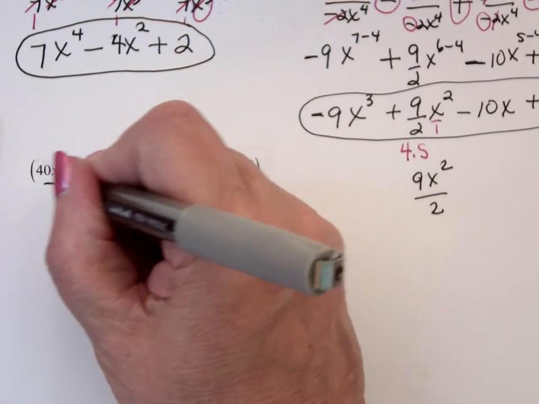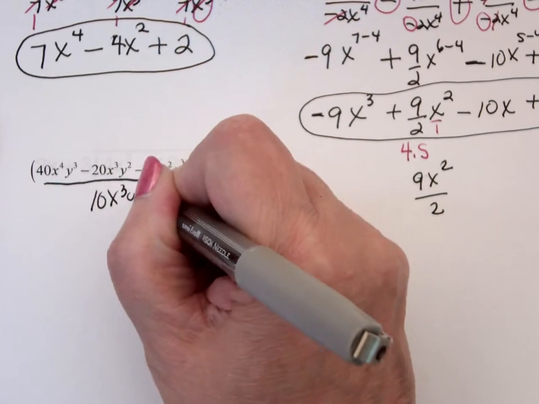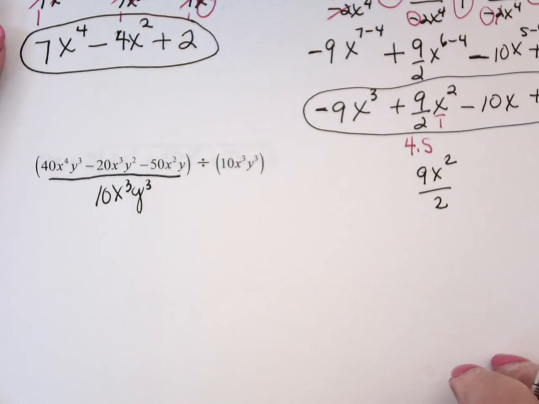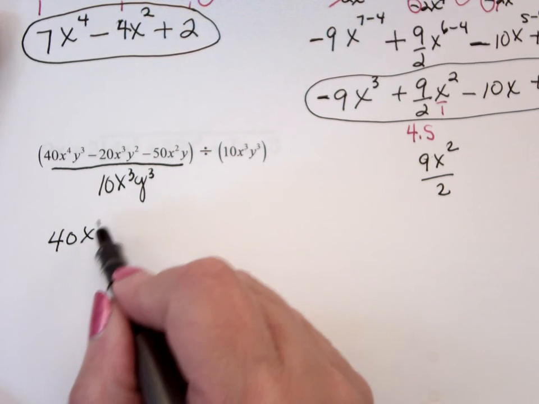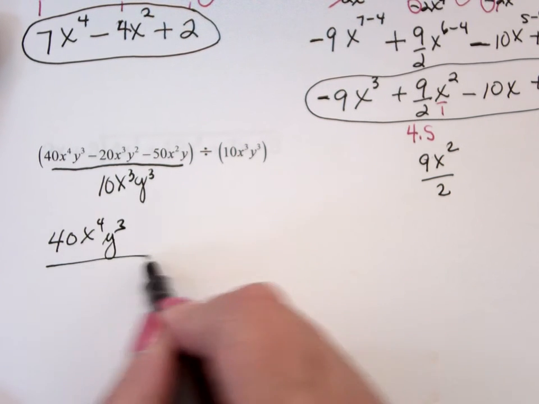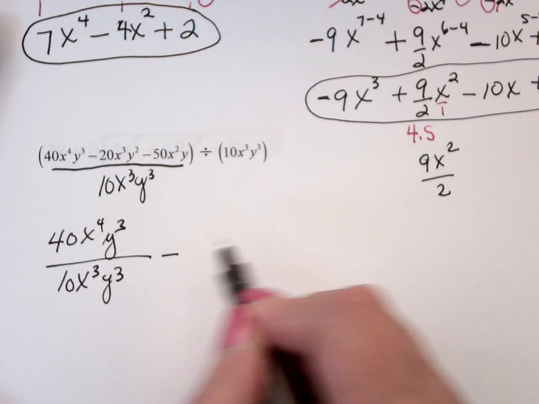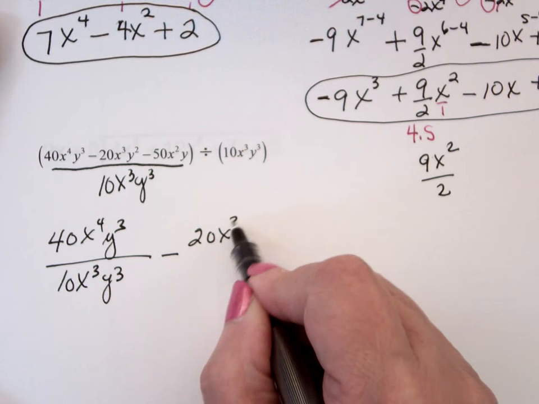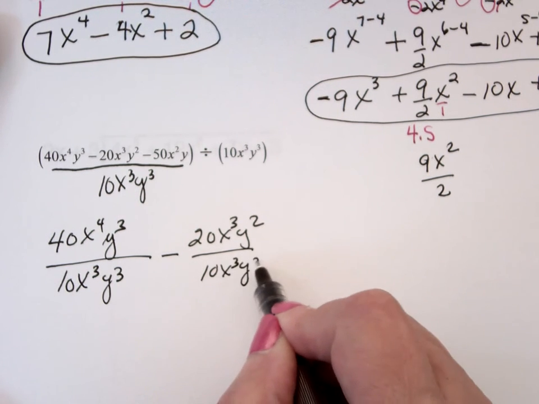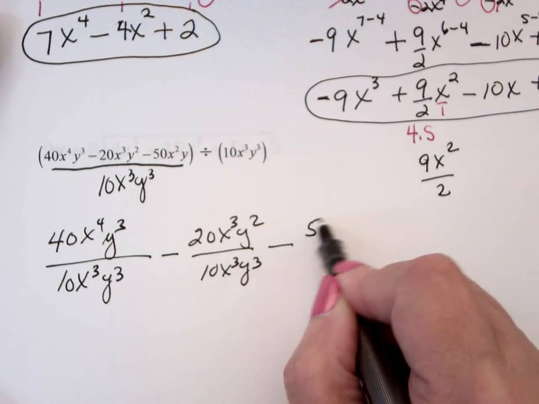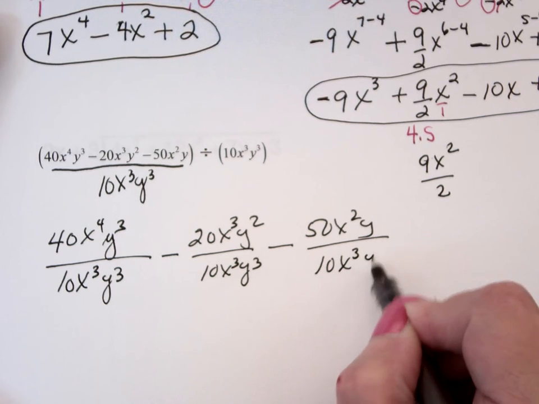Now remember, this is all over 10x cubed y cubed. So this becomes 40x to the 4th y cubed over 10x cubed y cubed minus 20x cubed y squared over 10x cubed y cubed minus 50x squared y over 10x cubed y cubed.